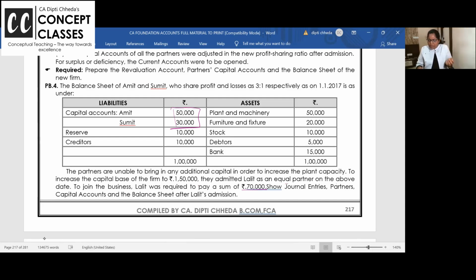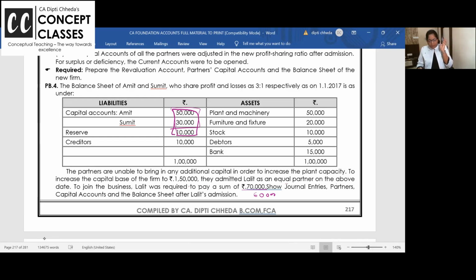We don't know. Capital is already 80. 80 capital is there and reserves are also there, so 90 capital is there, and if you want to make it 150, we should have asked Lalit to bring 60,000. So what 10,000 is getting extra is premium for goodwill.